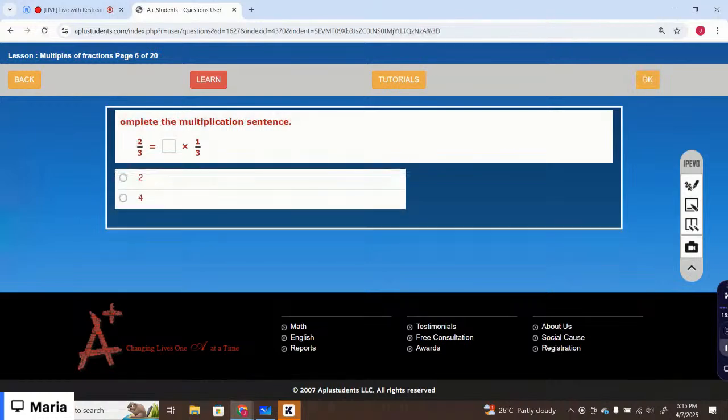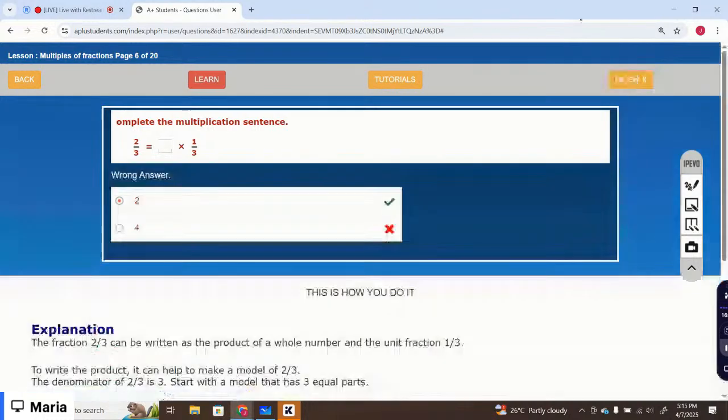Complete the missing sentence. 4 by 3 equals the missing number times 1 by 3. So what number is missing? That is 4 times 1 by 3, the missing number is 4. Option number 2 is the correct option.